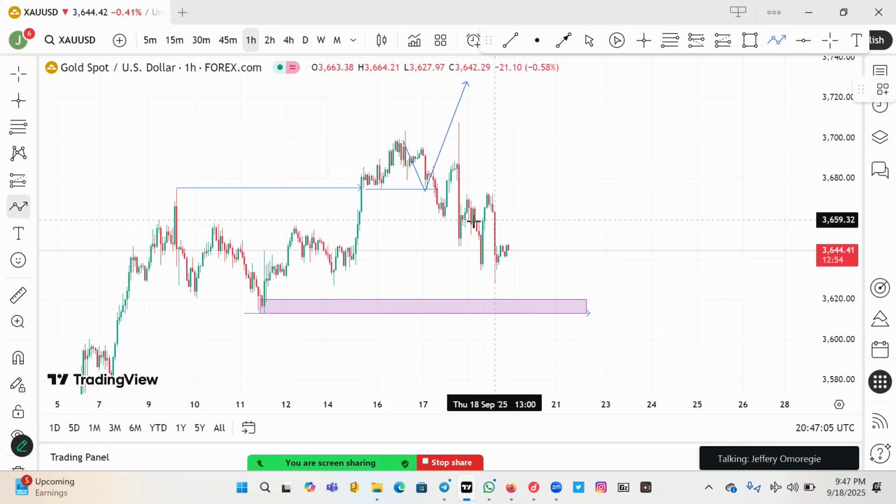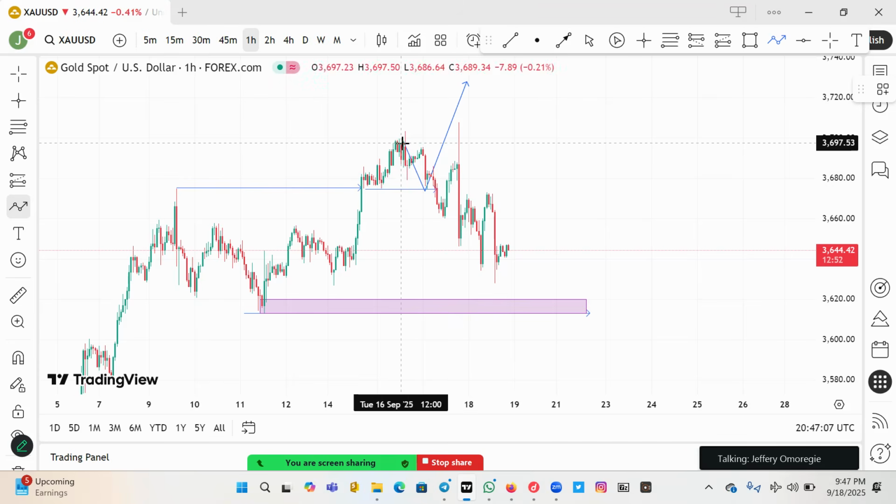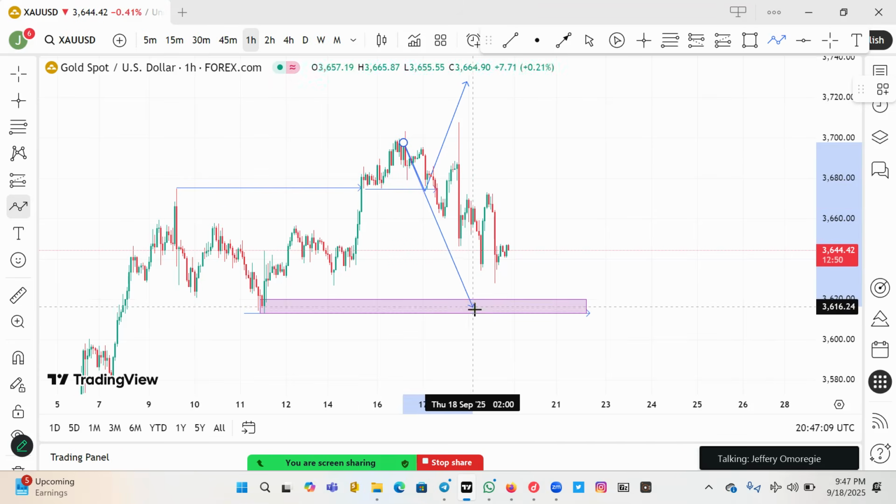Or it can get to your disruption point of interest, but must not break the disruption low with the body of the candle. It can break it with a wick, but it should not break it with the body of the candle.